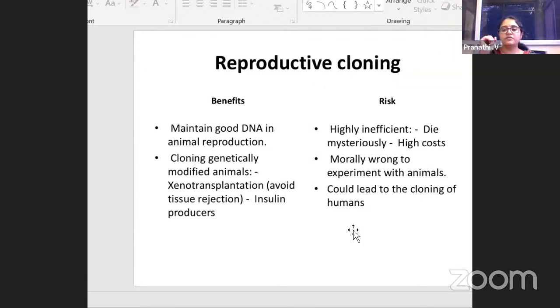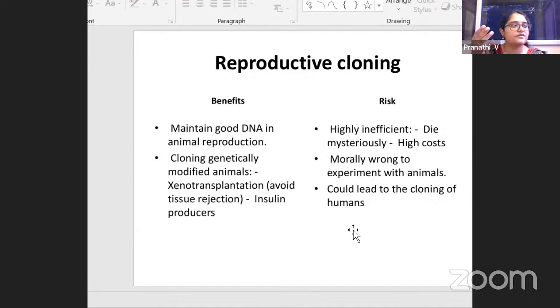Now you have reproductive cloning. What are the benefits and the risks? You need reproductive cloning for the production of higher breeds, especially when we are talking about animals. Say you need an animal which is able to give more milk. When you make a clone of it, that clone will also be able to give more milk. That is the reason we are cloning.